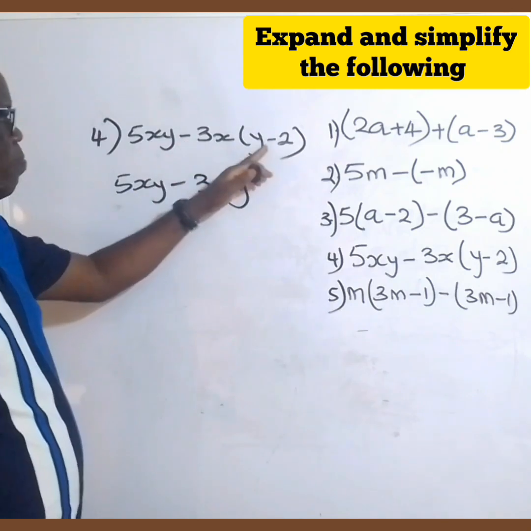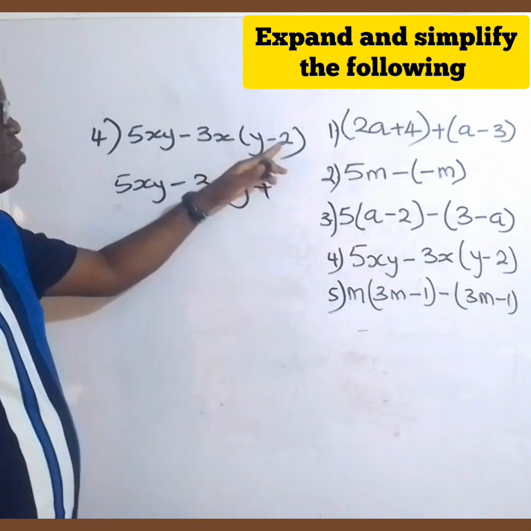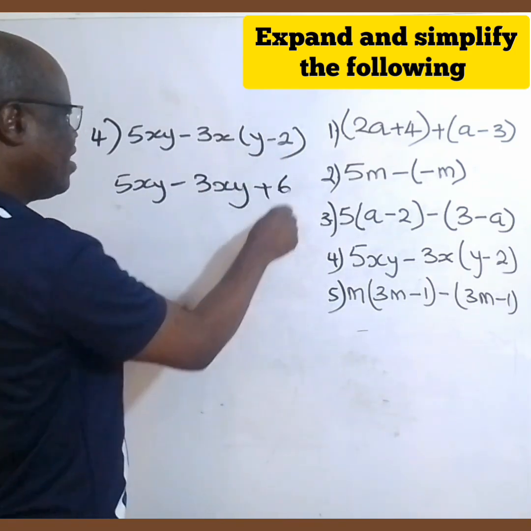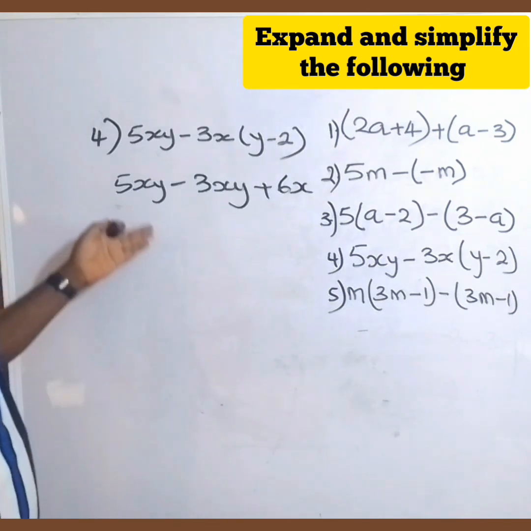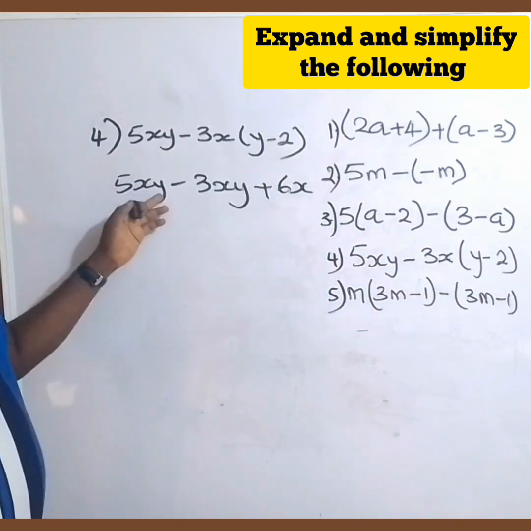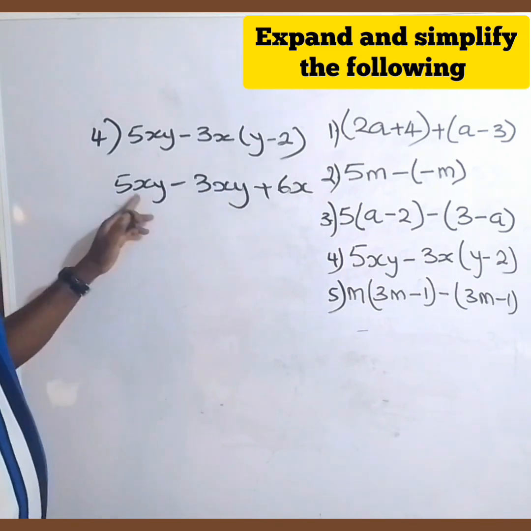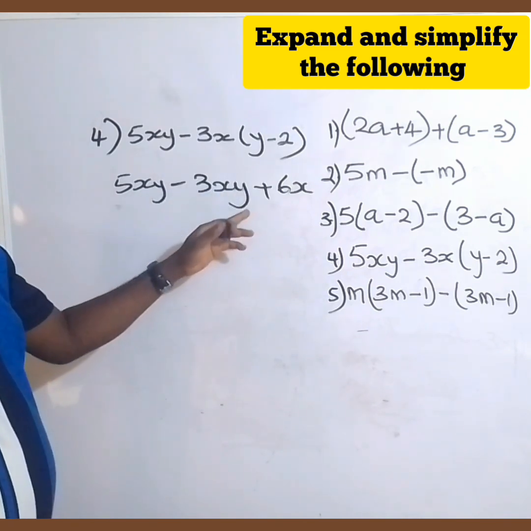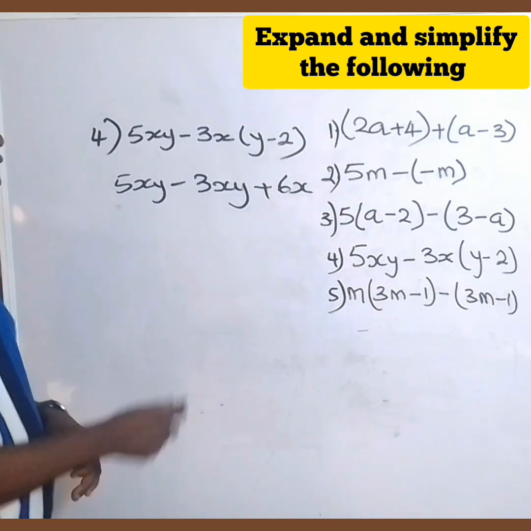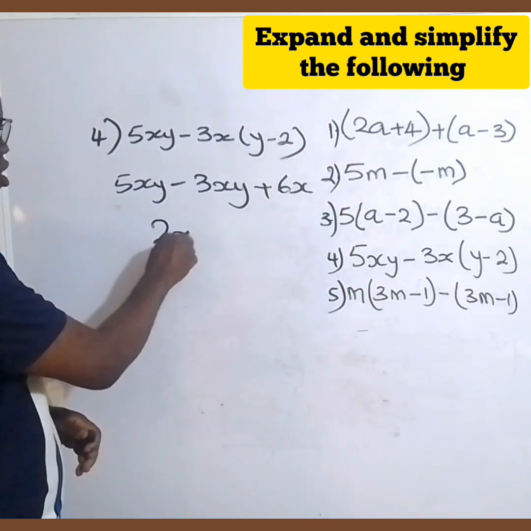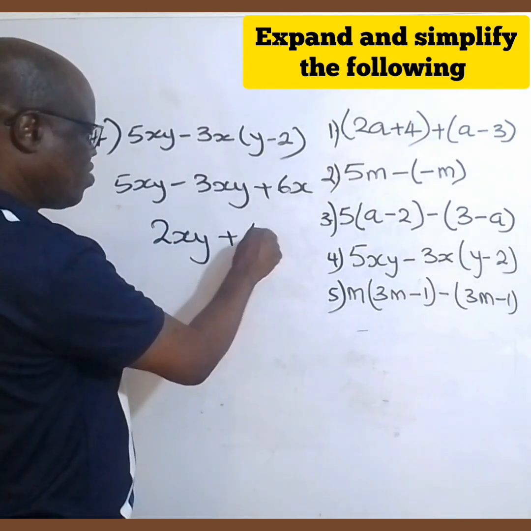Minus times minus, that is plus. 3 times 2, that's 6. Then you have your x there. So this 5xy, this is also xy, 3xy. 5xy minus 3xy, they are the same thing, xy. That is 2xy. So write your 2xy and then put your plus here, 6x.